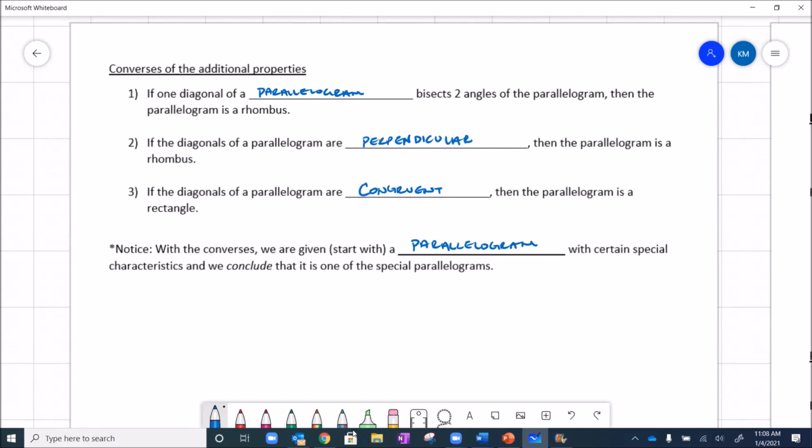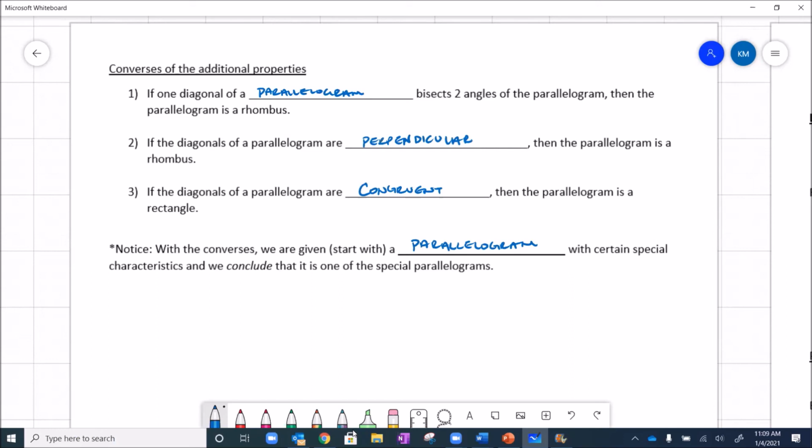And like I said earlier, we don't need to talk about squares by themselves, because just like we can attribute the properties of a parallelogram onto a rhombus, because a rhombus is a part of the parallelogram, we can attribute the properties of a rhombus and a rectangle onto a square, because a square is just a rhombus and a rectangle.